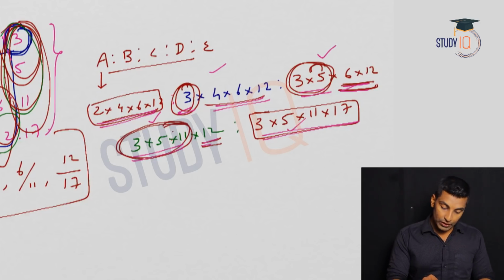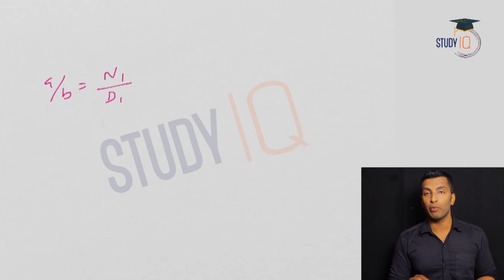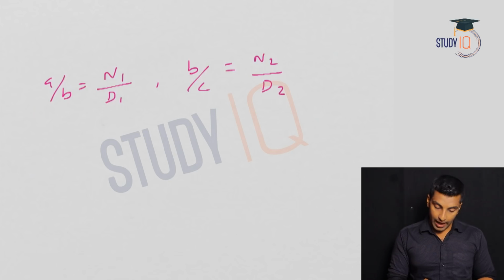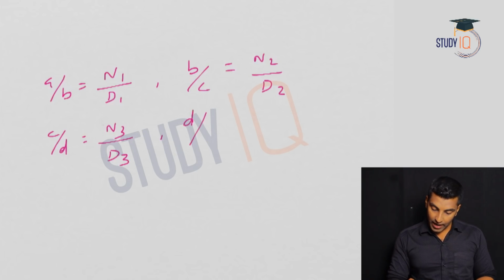Okay. So if you generalize this, like what we have seen in the previous session, you have A by B, you can write as N1 by D1 because you have a numerator and a denominator. Okay. Now B by C you can write as N2 by D2, and C by D you will write as N3 by D3, and D by E you will write as N4 by D4.